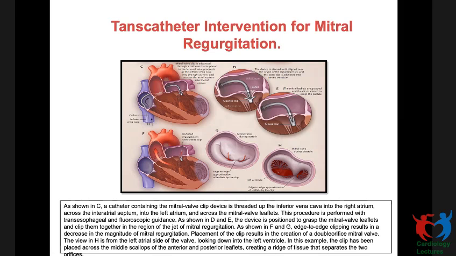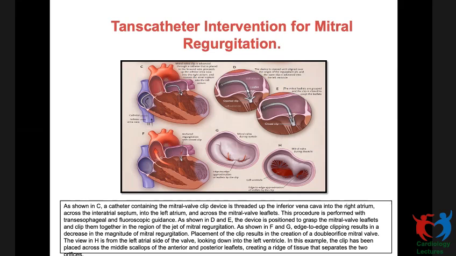Actually, I am forgetting that fellow's name. He's a Russian surgeon who did the double orifice technique for mitral regurgitation. He took both the leaflets and stitched them together so that the size comes down. So that concept was taken by the interventional cardiologists, and we do the same thing, clipping.